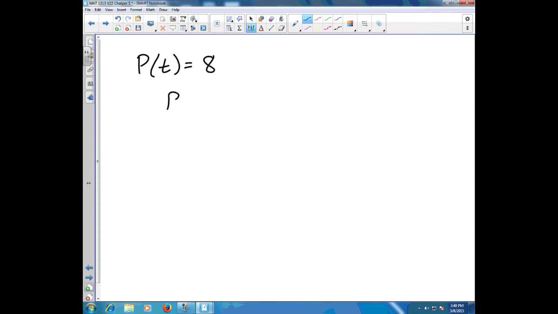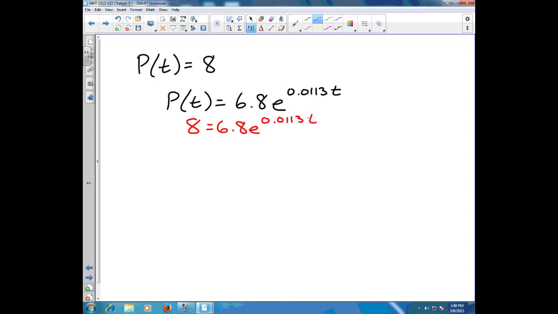Our equation is 6.8 e to the 0.0113 times t. And now we know P of t is going to be 8, or 8 billion, and so we're just going to substitute that and solve the exponential. Right now it's just solving an exponential equation.